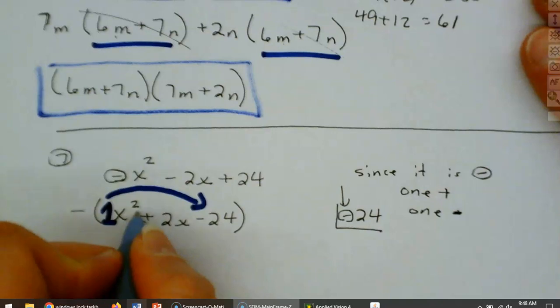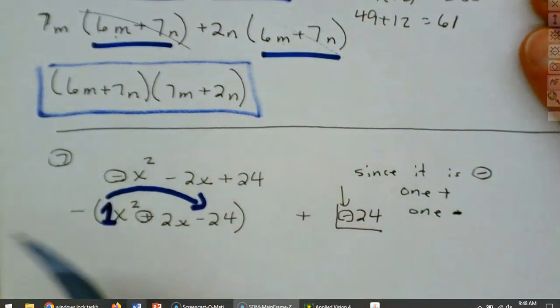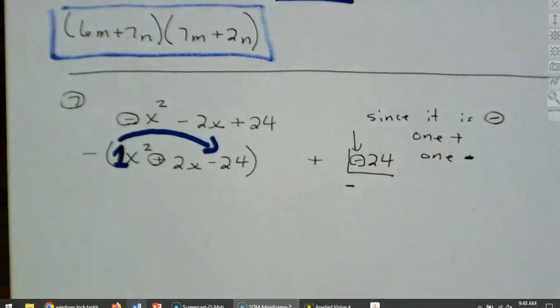And then we look in the middle. Positive goes first because it's the larger one. Negative is down below. Now, we need 2 numbers that do what? Multiply together to give you 24. In this case, since they are different signs, subtract to give you 2.